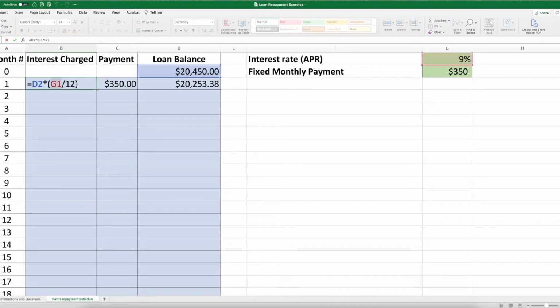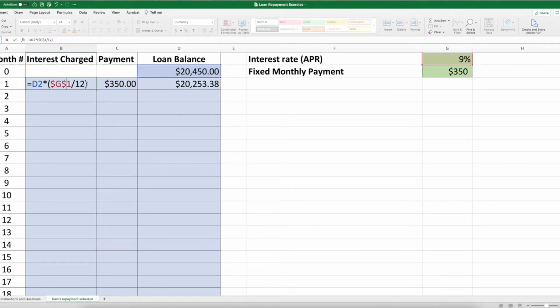On my Mac, I select G1 and press the function key and the F4 key at the same time, and it makes it an absolute reference by inserting dollar signs before the column label and the row label. If you are having trouble doing that with the shortcut keys, you can simply type in these dollar signs in the formula, and that will work too.